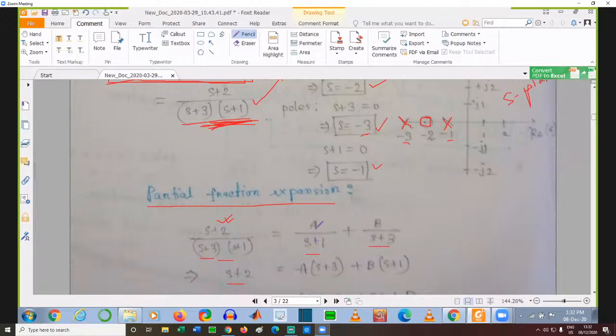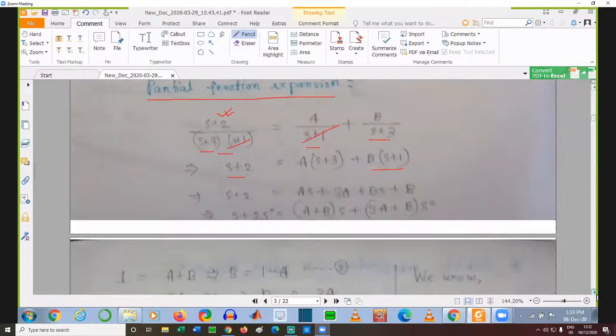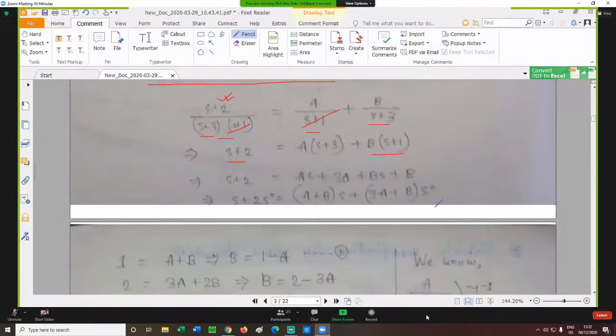And here s plus 1 will be cancelled, so you get A into s plus 3, and here you get B into s plus 1. Okay, is that clear? Yes, sir.